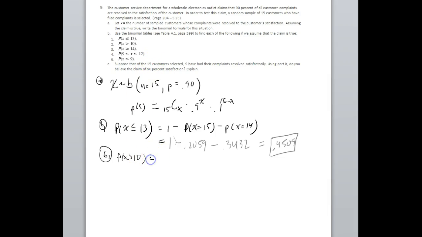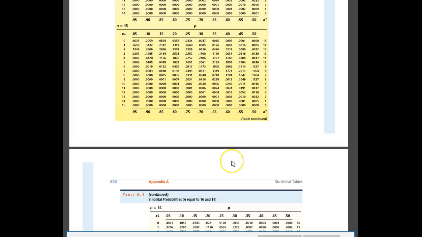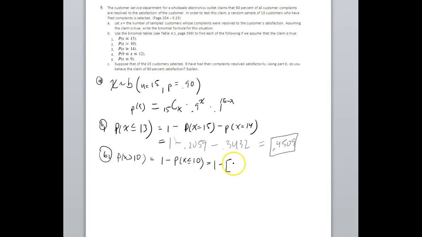So we'd say that this is 1 minus the probability of x is less than or equal to 10. And so then all we do is we just say 1 minus, and then we just add up all those values that are probabilities of less than or equal to 10. So we go over here, 10, we have 0.0105, 0.0019, and then 0.003, and then the rest are zeros.